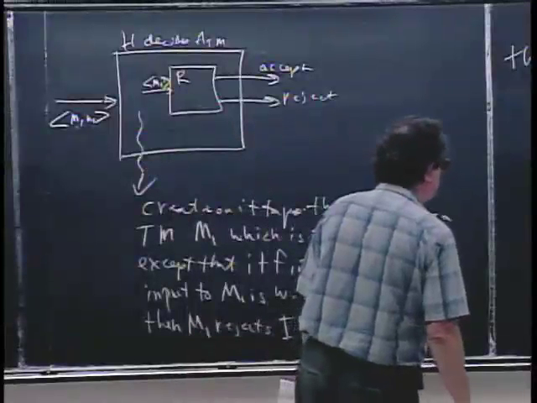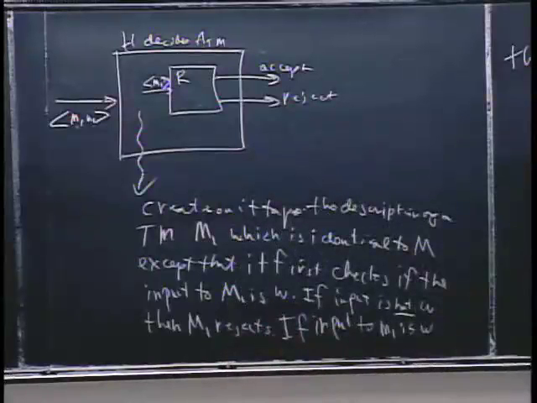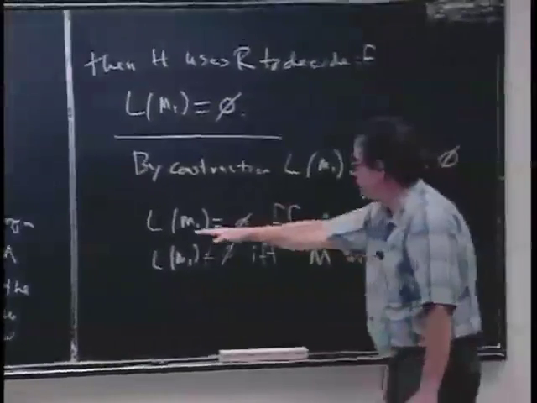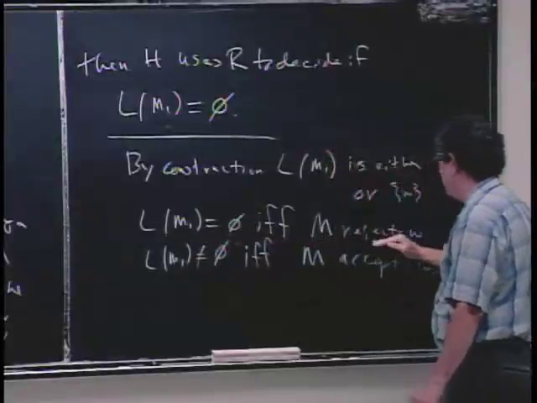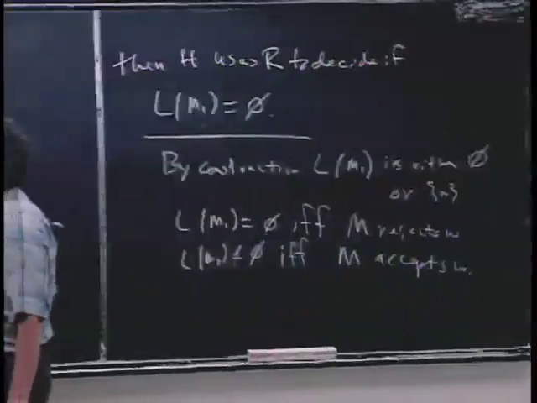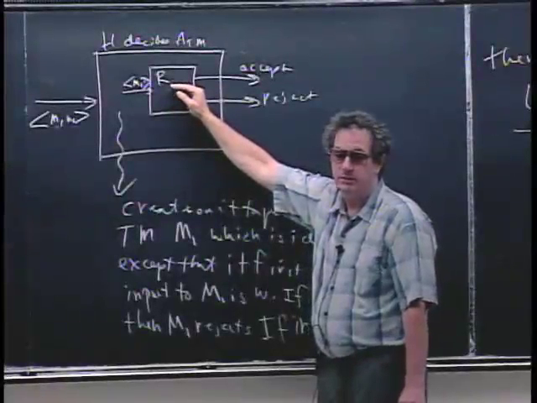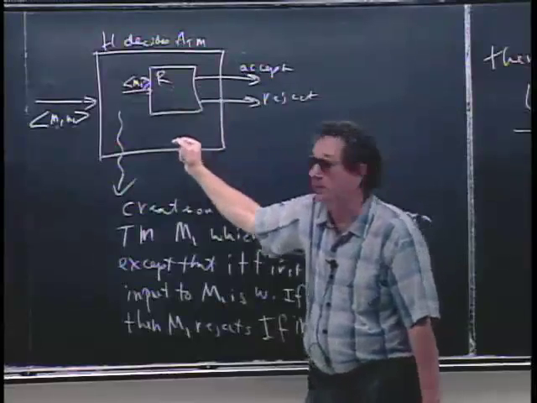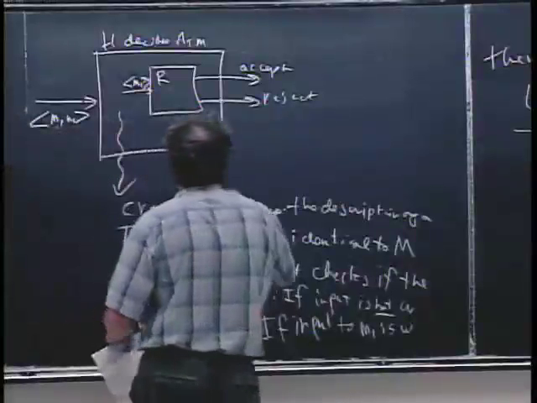So, yeah, we've got to make sure we get the accept and reject correctly here. So we've derived that the language of M1 is empty if and only if M rejects W. Okay, so when R sees that L(M1) is empty, is that an accept or reject from R? It's an accept, right, because of the way this is constructed.